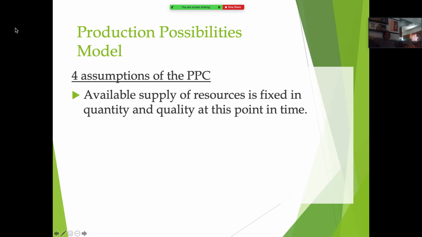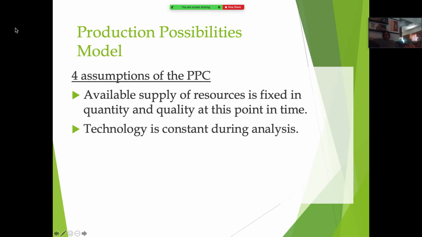The first is we're looking at a snapshot, okay? We're looking at one particular moment, right? Resources are fixed, the type of resources, the amount of resources, okay? So we're going to assume that that's not going anywhere. Technology is constant, right? So we're not going to be ramping up technology. Whatever we have at that moment that we're looking at the curve, that's fixed.